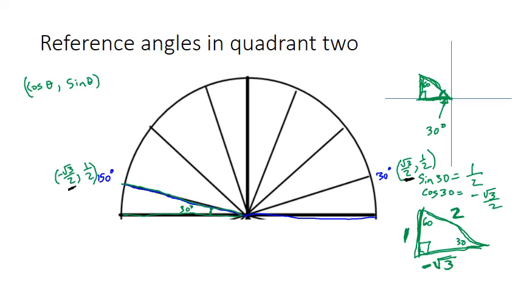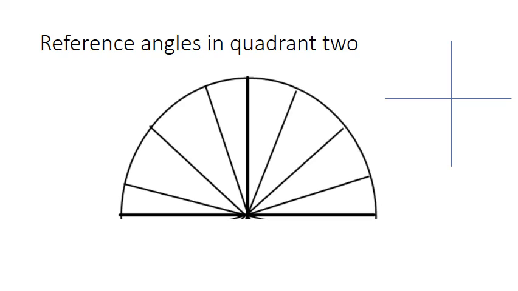So let's say that we found other reference angles. What angle would have a reference angle of 45 degrees in the second quadrant? So if this is 45 degrees, that means that the original angle had to have been 135 degrees because they're going to be supplementary.